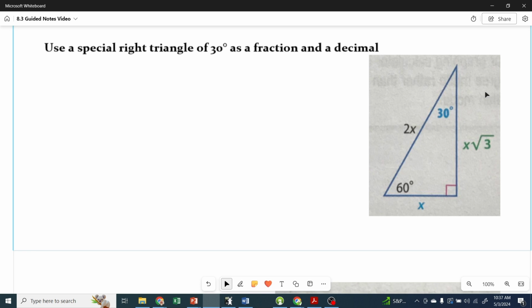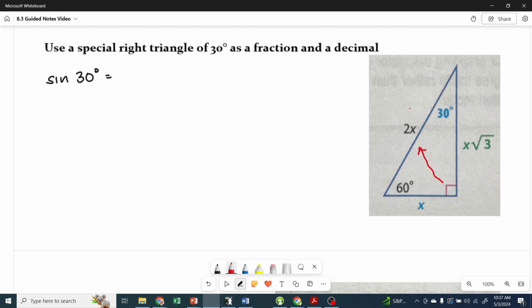So the sine of 30, well, that's going to equal opposite over hypotenuse, right? And here's the thing, to identify the hypotenuse, it's always opposite the right angle. So here's their hypotenuse. Okay, so opposite over hypotenuse is equal to x over 2x, and that's equal to 1 over 2.